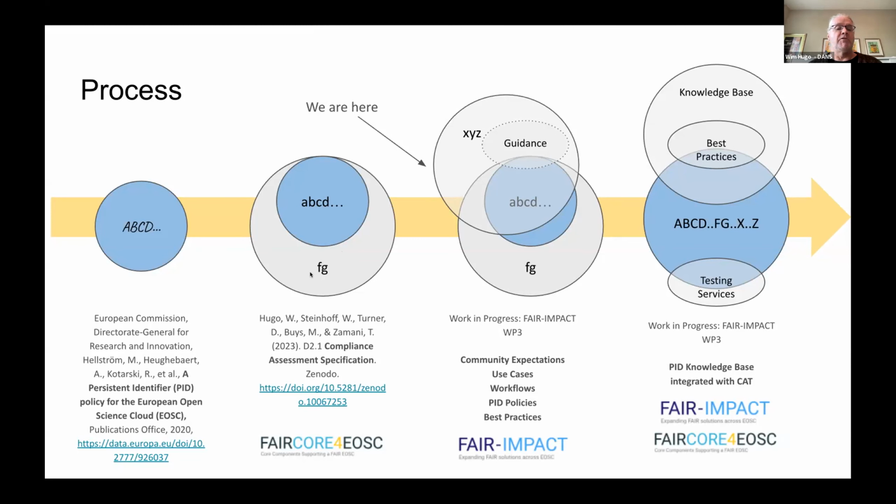There are one or two criteria that we've identified already during the FAIR Core for EOSC assessment of the policy that we asked the task force to consider for addition. And these are actually, from my perspective, quite important. They relate directly to measurable and publicly verifiable records of persistence and resolvability.